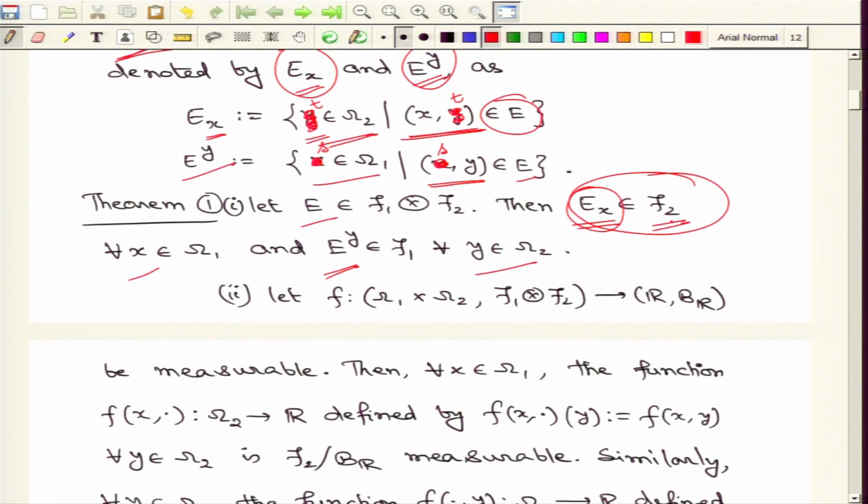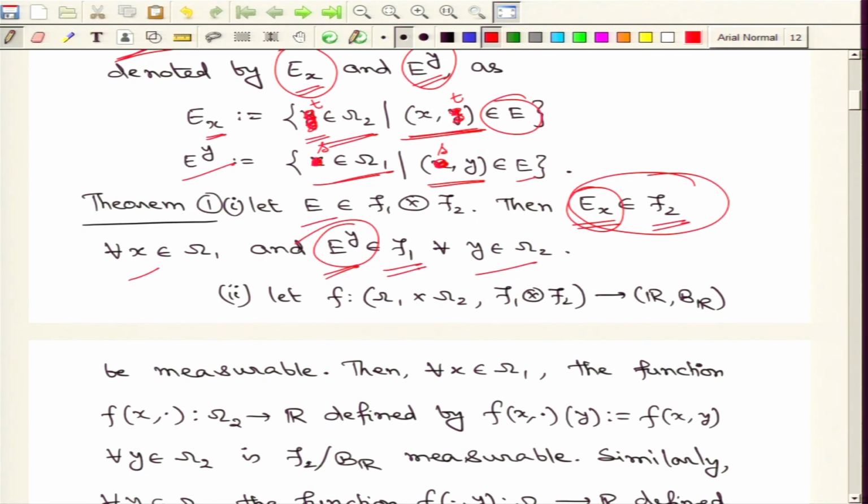That is the statement guaranteed by this theorem. Similarly, the section that we see by fixing points from the second set must be a subset of the first set, and therefore we claim that it must be a measurable set in omega 1, and therefore it must be in the sigma field F1.